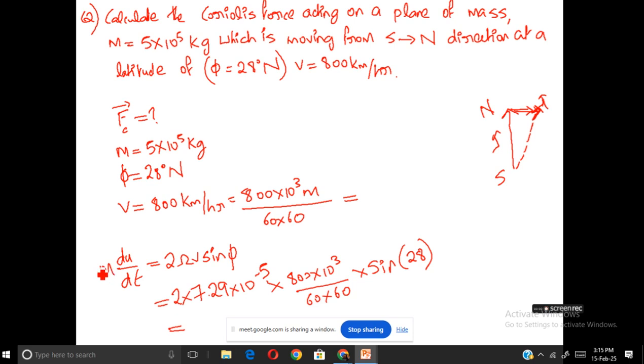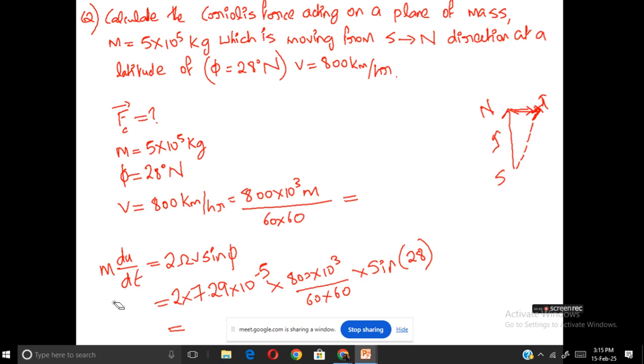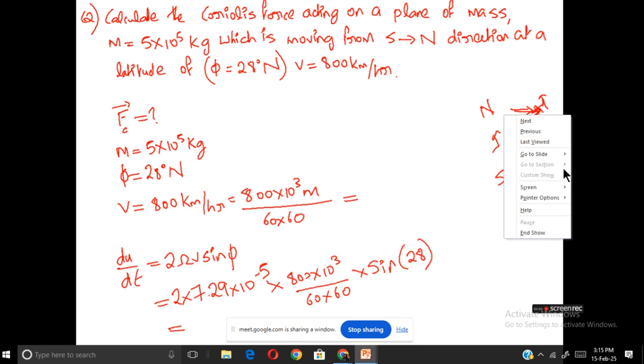M is not there over here. du by dt is given as 2 omega v sine phi. We know the value of all parameters. Can you calculate and tell me what will be the value of du by dt?